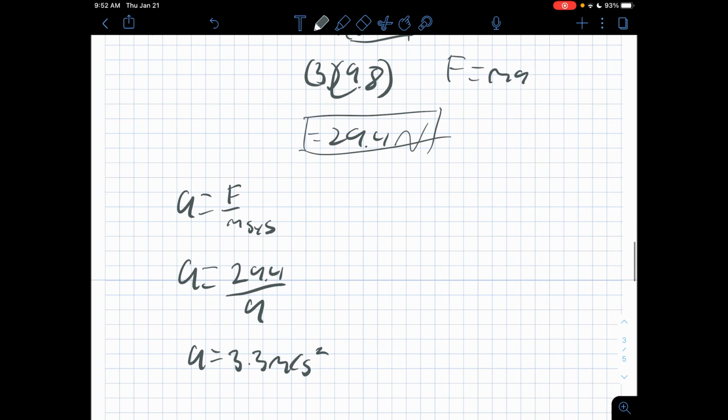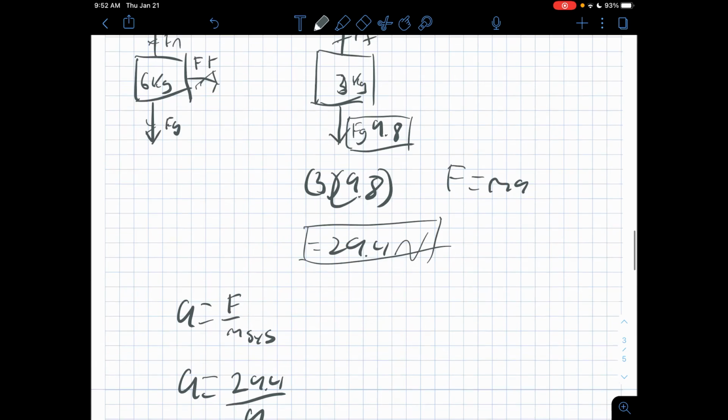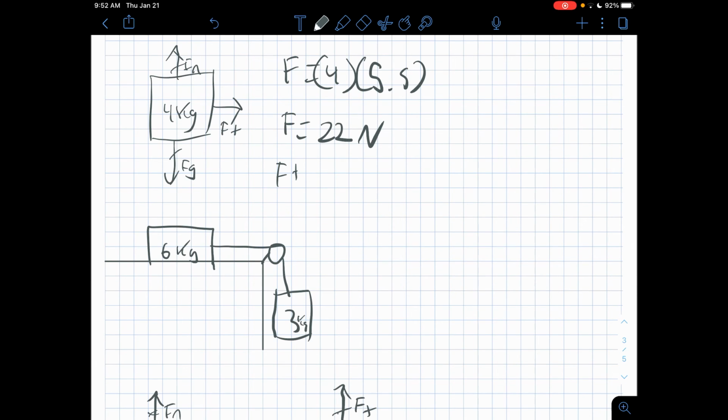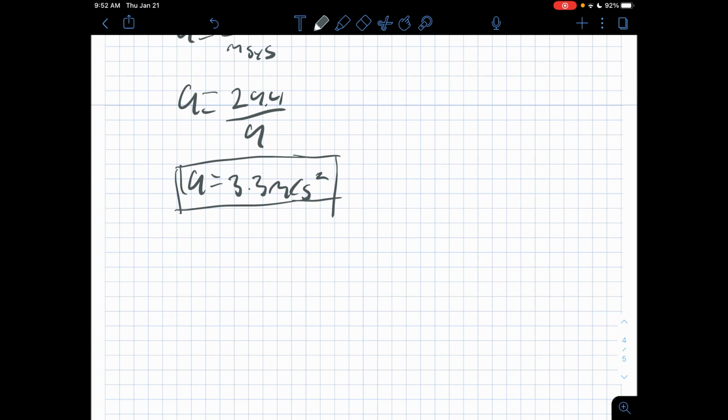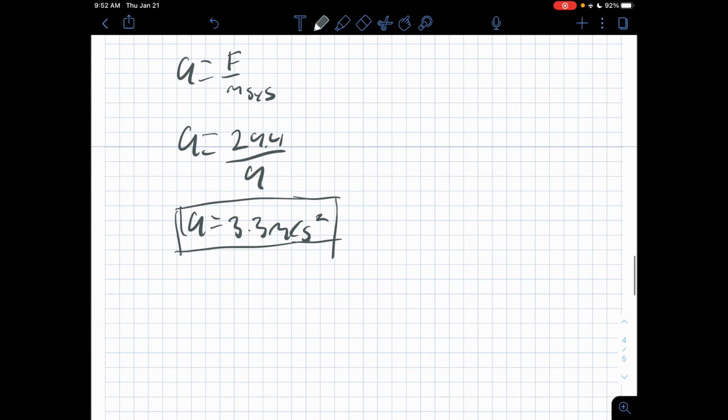And now we find Ft, since we just calculated the acceleration of the system. To find Ft, we can just use any block because they're going to be the same, so we'll go with the first one. Here you have the acceleration and you have the mass, so you can simply use F equals ma.